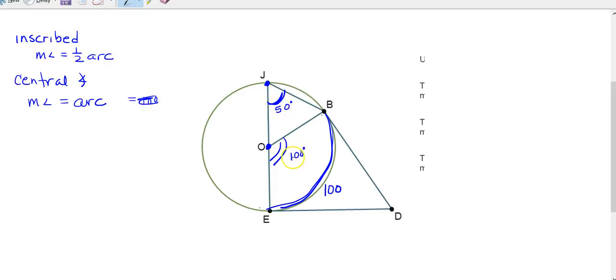So how would you compare these two angles? Is one bigger than the other? If I asked you how would you compare angle EJB to angle BOE, are they equal, less than, greater than? What's the relationship? Well, angle EJB, is that the bigger one or the smaller one?